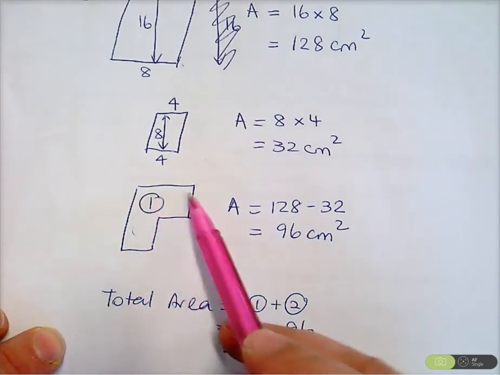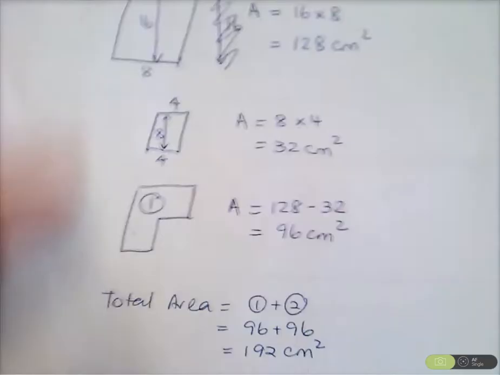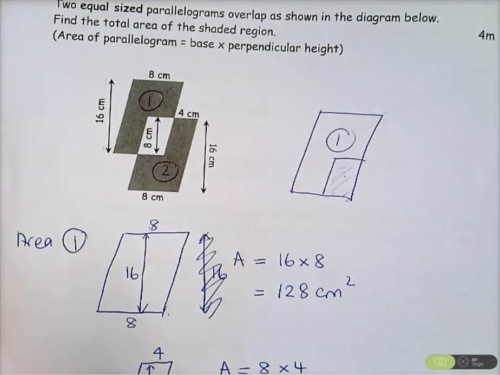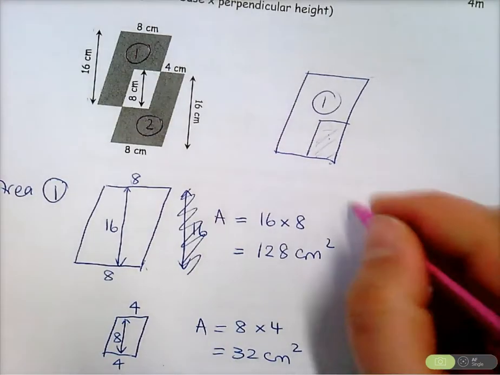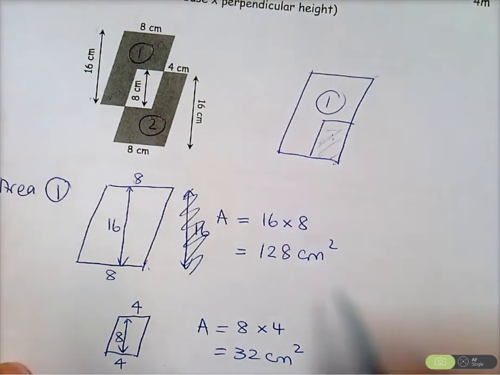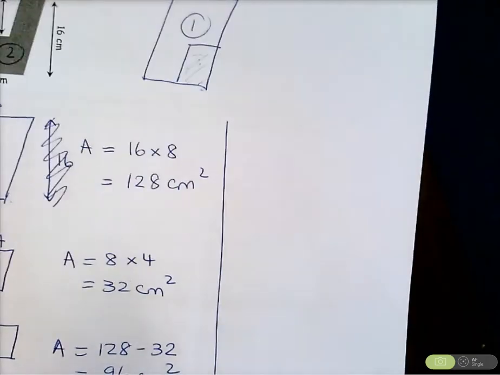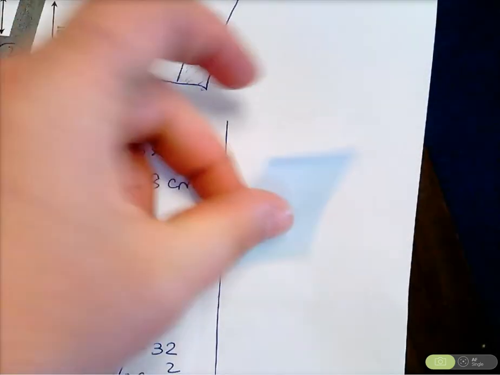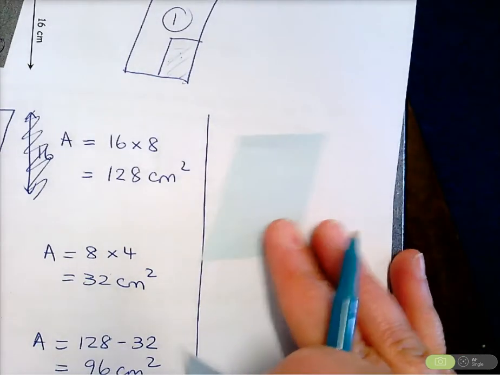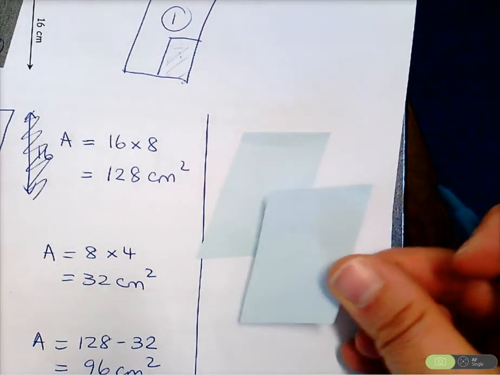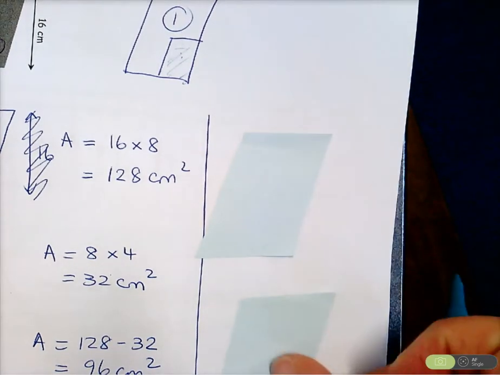One way is to work out the area of this shape and then say that you've got 2 of them and add them together. There is another way, and I'm sure it's the way that most people have tried. Here's my first parallelogram, and here's the second parallelogram.